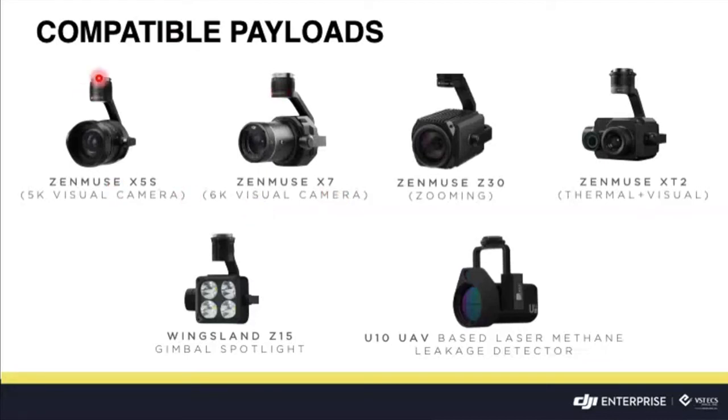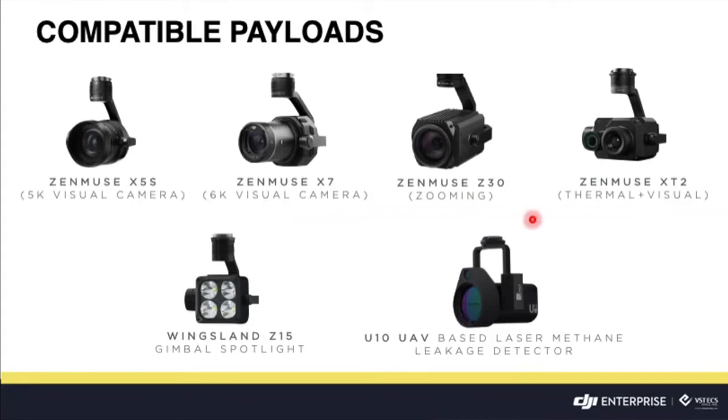So either of the two. The difference of these two gimbals: the X5S is a 5K visual camera and the Zenmuse X7 is a 6K visual camera. Perfect also for photogrammetry.